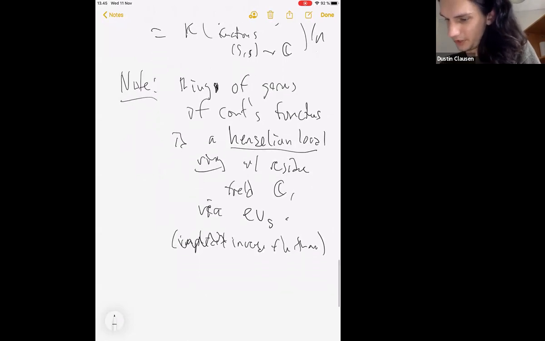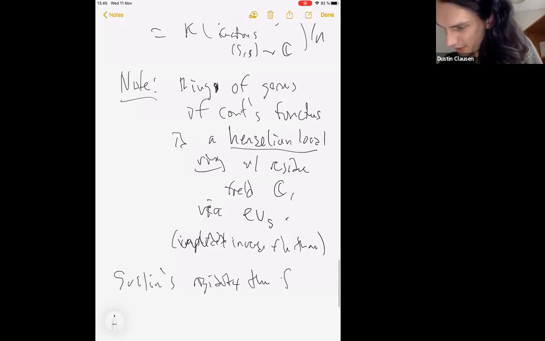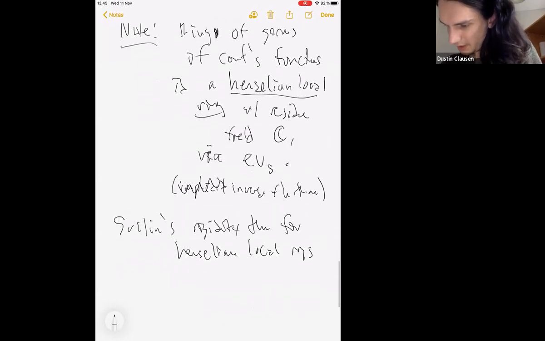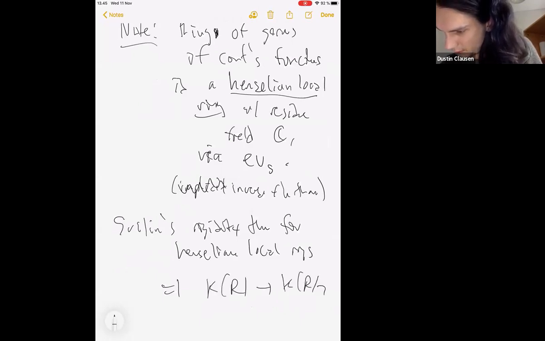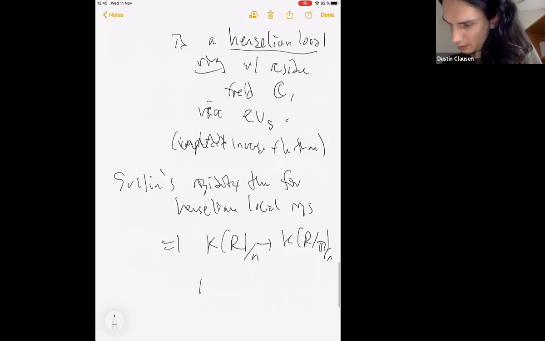And then Suslin's rigidity theorem for Henselian pairs, for Henselian local rings, gives what we want: an isomorphism for all such R and maximal ideal M.